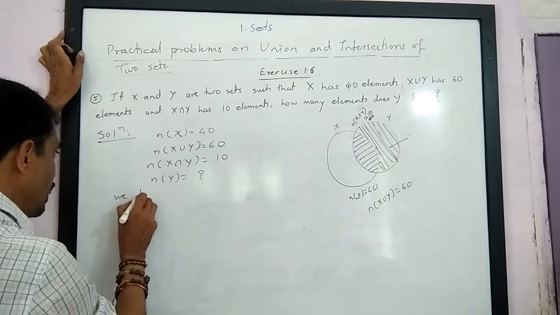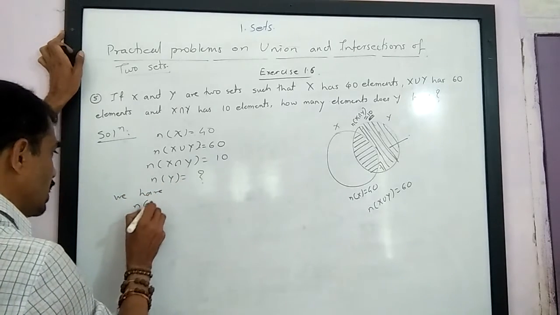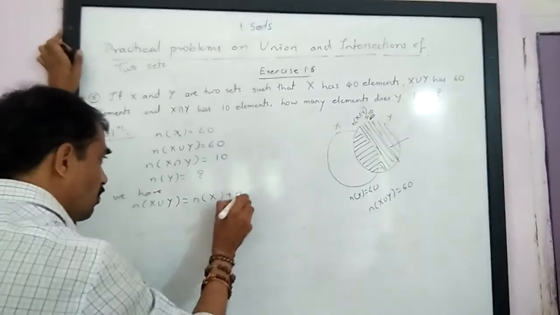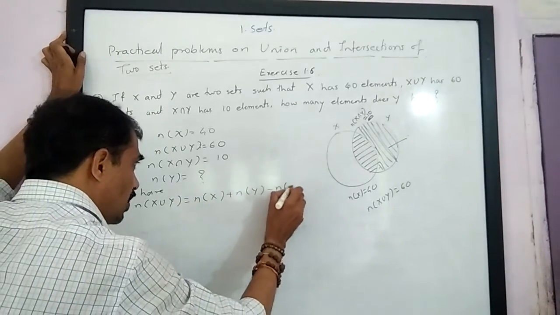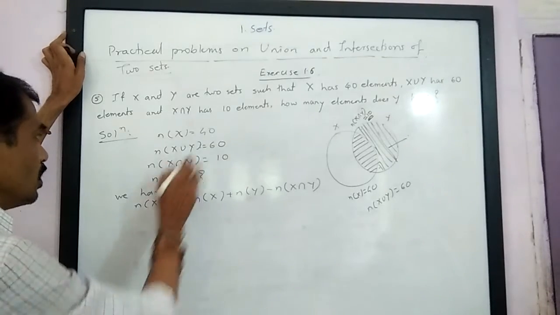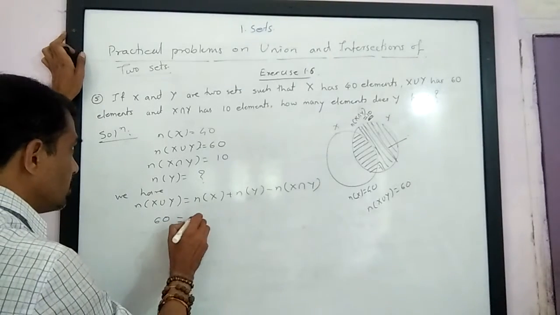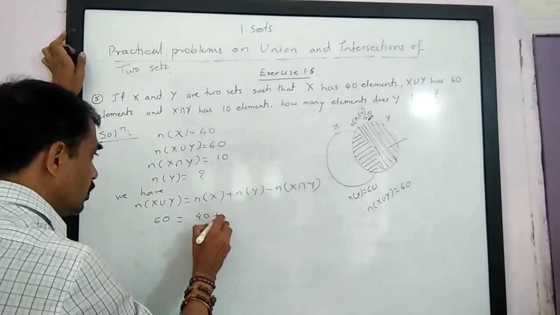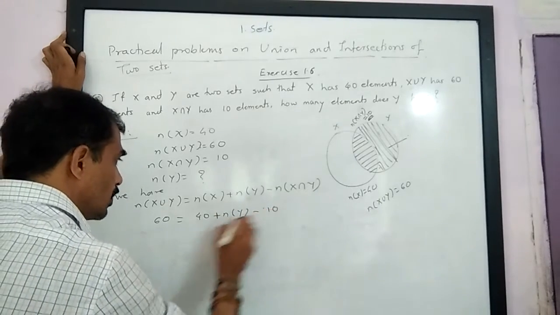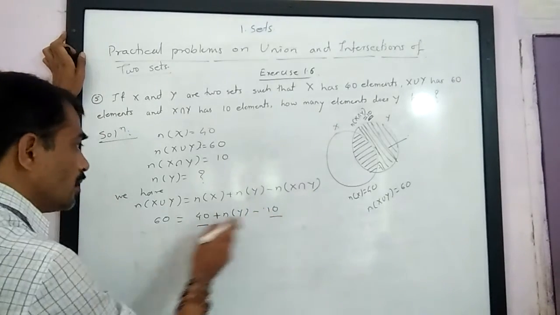So we have the identity: number of elements in X union Y is equal to number of elements in X plus number of elements in Y minus number of elements in X intersection Y. Put the values. 40 minus 10 is 30.